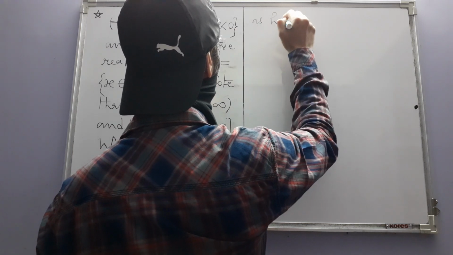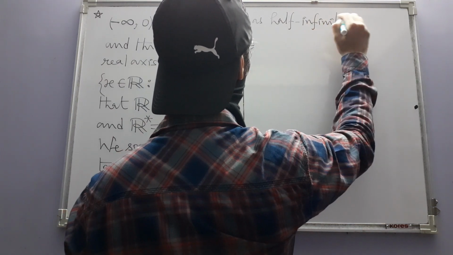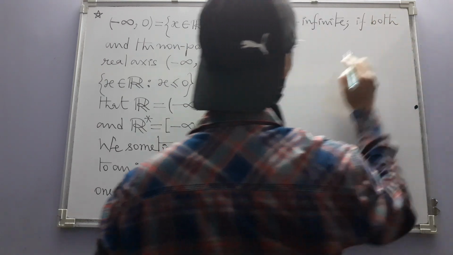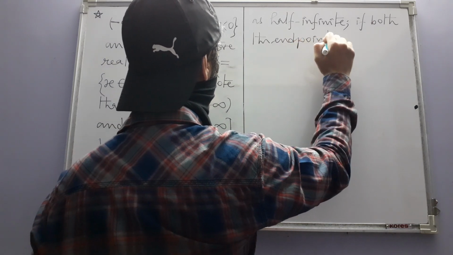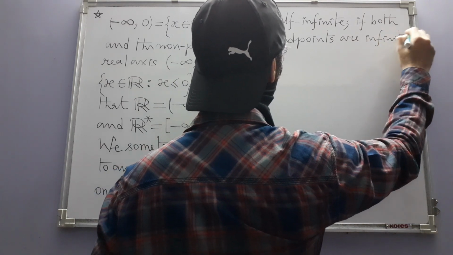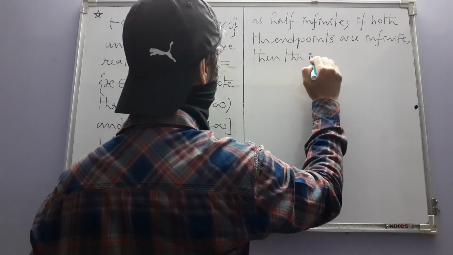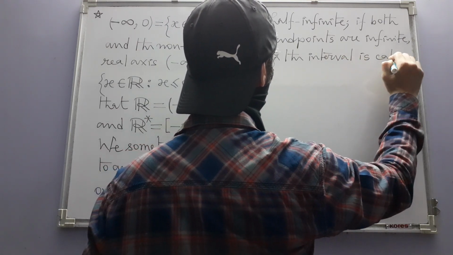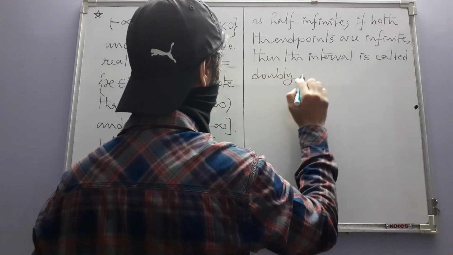If both the endpoints are infinite, then the interval is called doubly infinite.